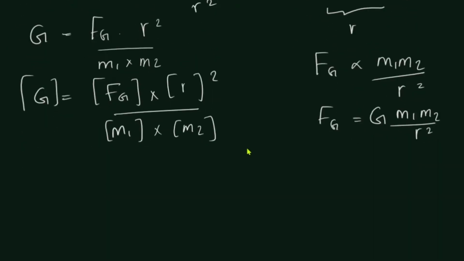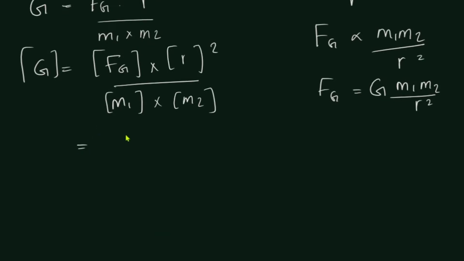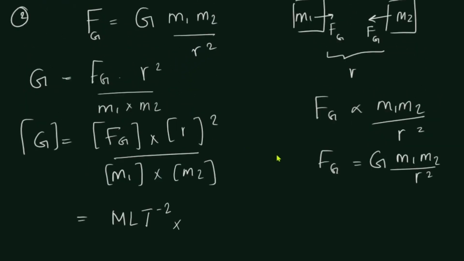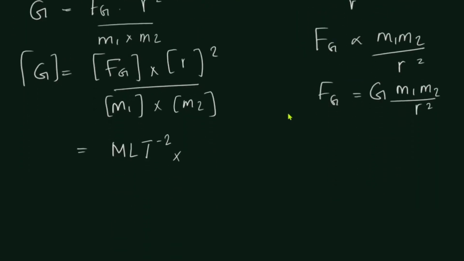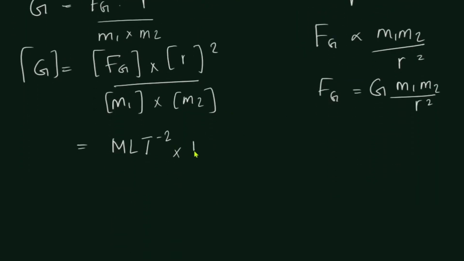What is the dimension of force? The dimensions of force are M L T to the minus 2. This is a well-known thing. What is the dimension of r? r is the distance between them, so it is length, and squared, L squared. The dimension of mass is M, and once again the mass dimension is M, so one M cancels. L cubed.